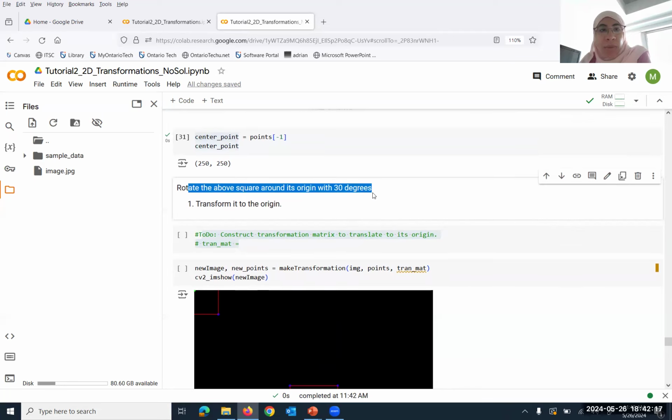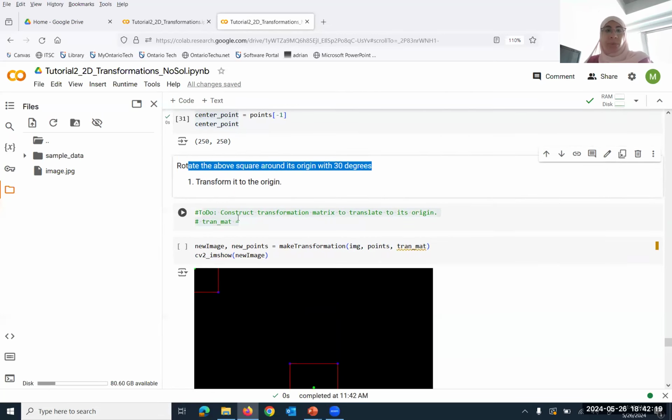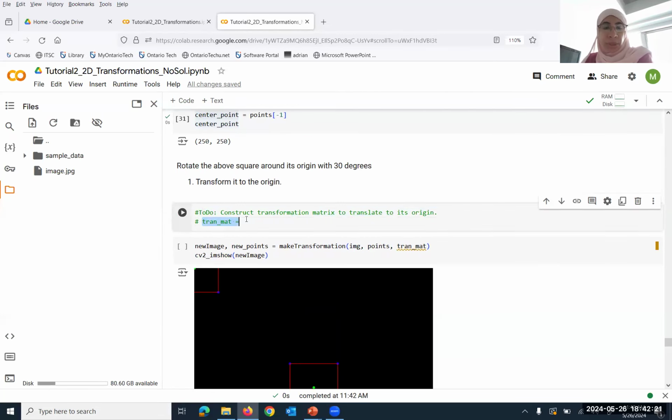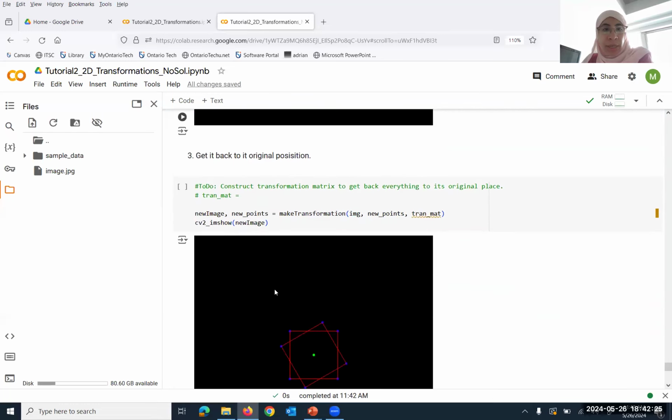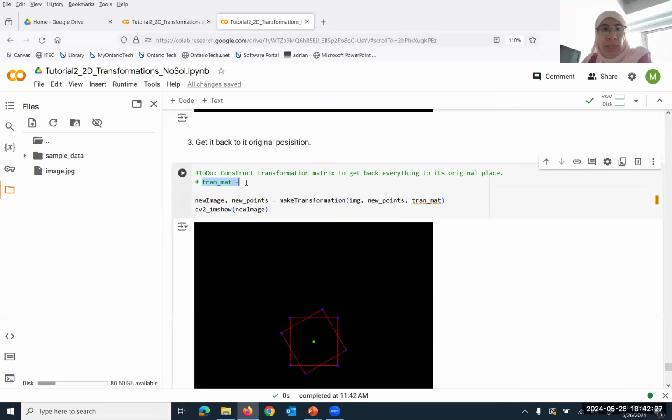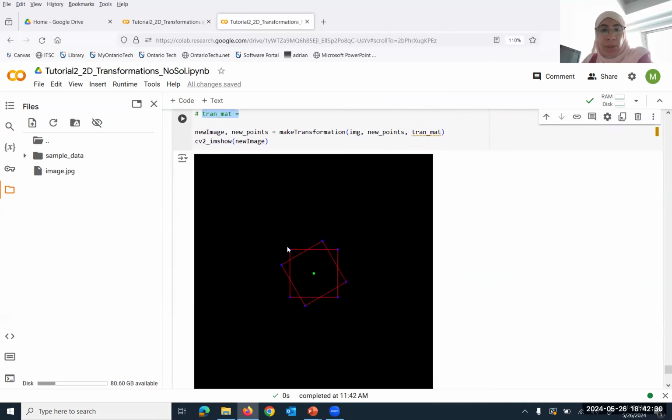Try it yourself. You will need to define your translation matrix, your rotation matrix, and then apply it, and then take it back to the original position. Your output should be something like that. So you have your original rectangle and then the rotated one around the center by 30.